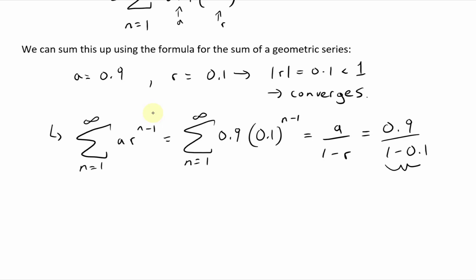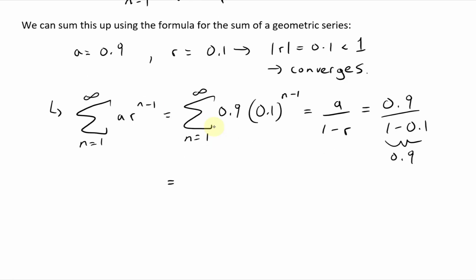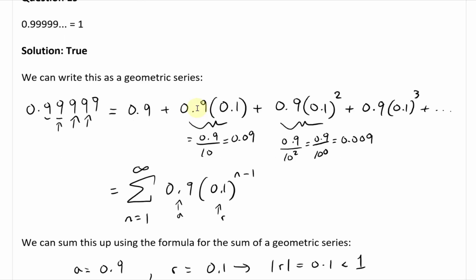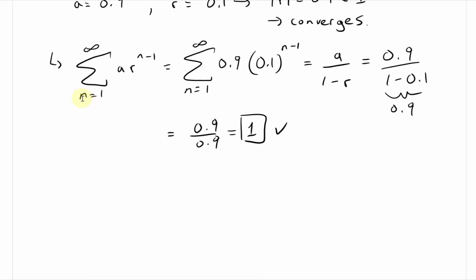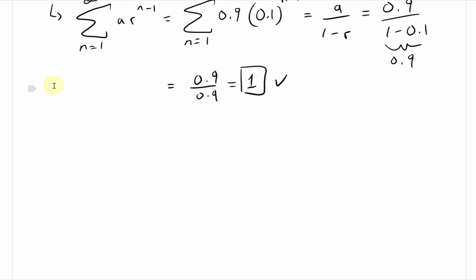And 1 minus 0.1 is just 0.9. So this equals 0.9 divided by 0.9, so they just cancel. This equals 1. All right, so the sum is 1. Yeah, so there it is. That's true. That's just a geometric series. If you look at it in infinite terms format, it equals 1. You can just round. Basically it's just rounding up.